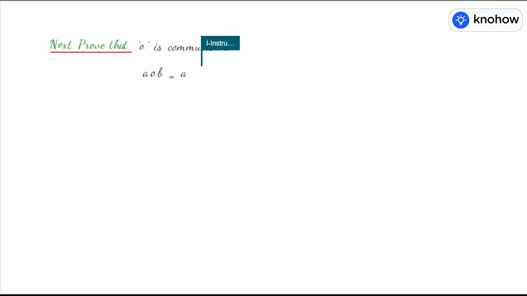And what is B O A? What is the first element here? B. So obviously, if A and B are two different real numbers, then A is not equal to B. Implies A O B is not equal to B O A. Or in other words, the binary operation O is not commutative.